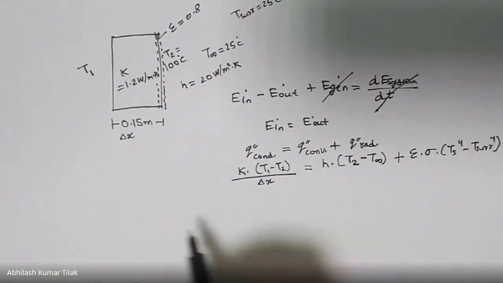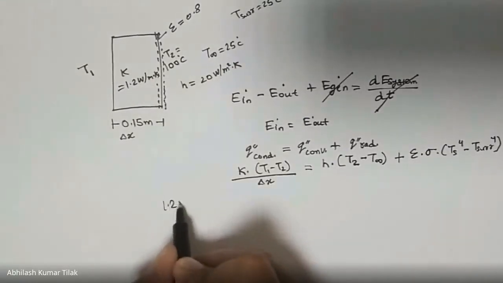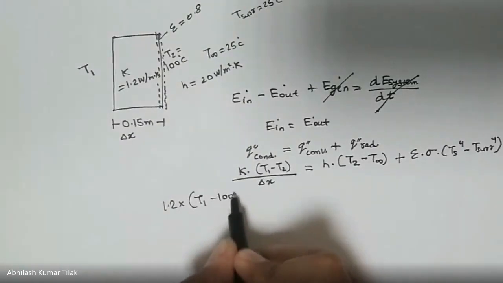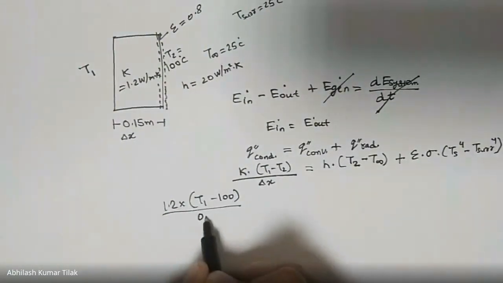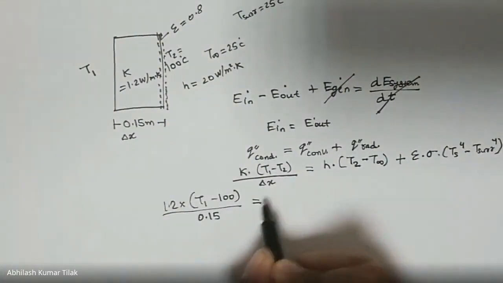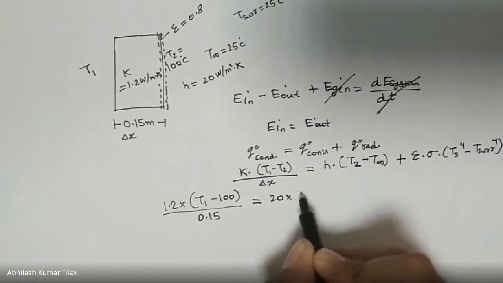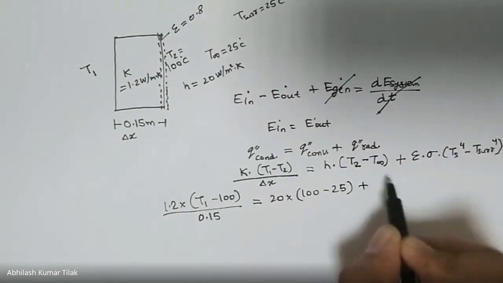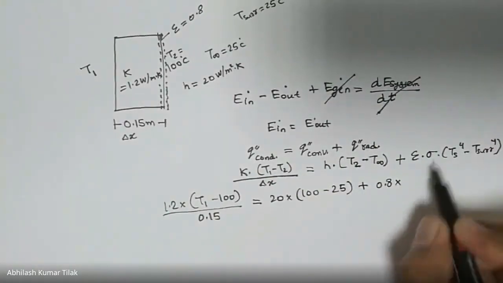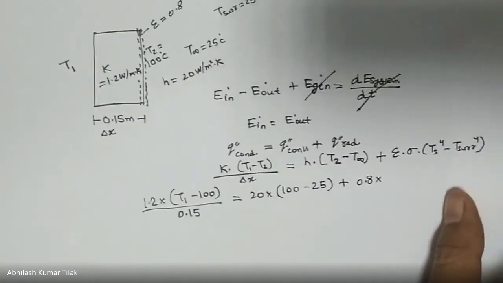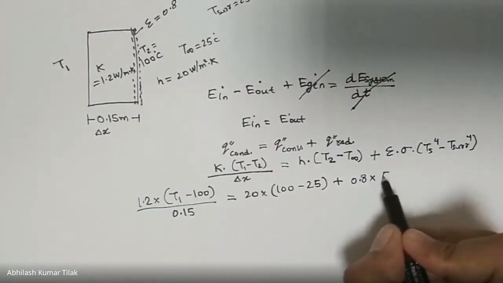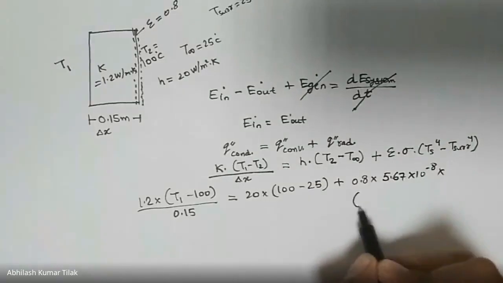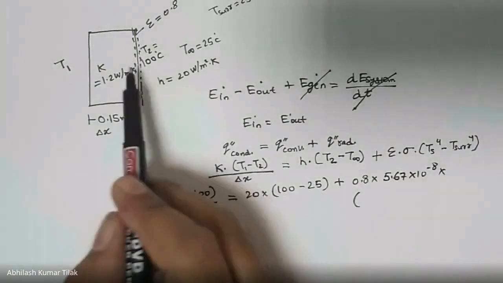The thermal conductivity is 1.2, into T1 minus T2, that is 100, upon delta x, that is 0.15, is equal to h, that is 20, into T2, that is 100, minus T infinity, that is 25, plus epsilon, that is 0.8, sigma, that is the Stefan-Boltzmann constant value, 5.67 into 10 to the power minus 8, into Ts to the power 4.